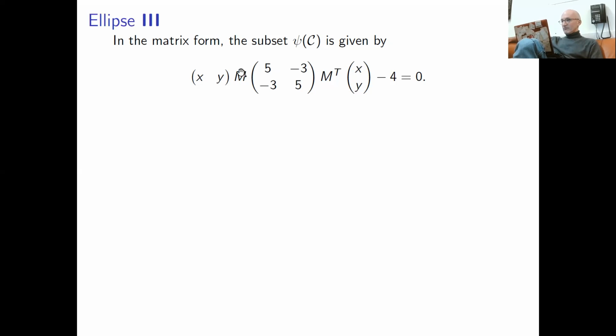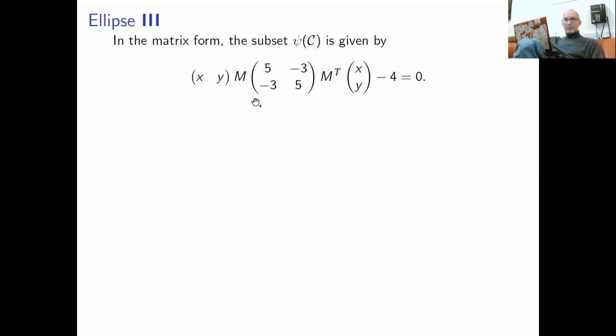When you take the transpose of this vector, the transpose of a product of two matrices is the product of the transposes of these matrices taken in the opposite order. So if you take the transpose of this vector, you get, of course, this vector. Okay, so this is our equation. We had the equation xy times this matrix times xy minus 4 equals 0. Now we have almost the same equation, but instead of the matrix 5, minus 3, minus 3, 5, you get this matrix.